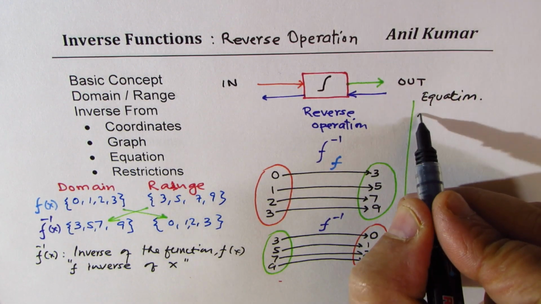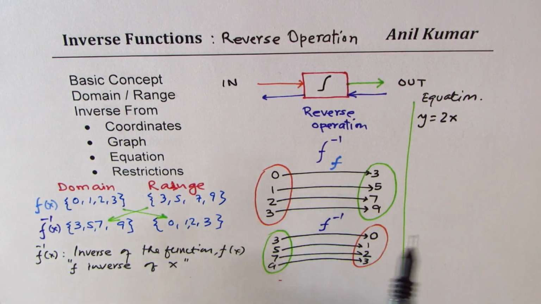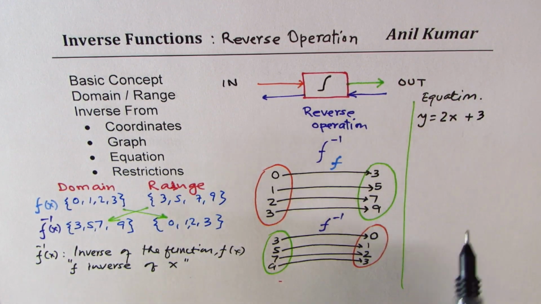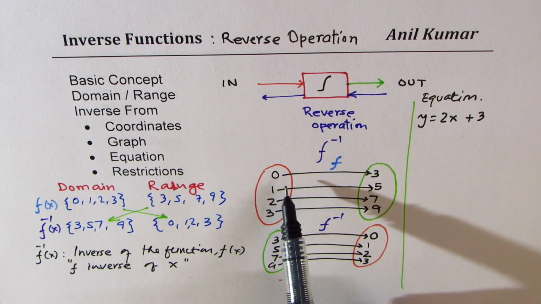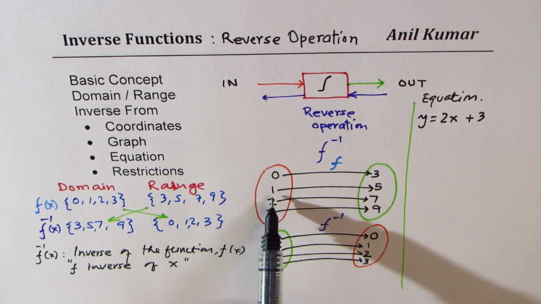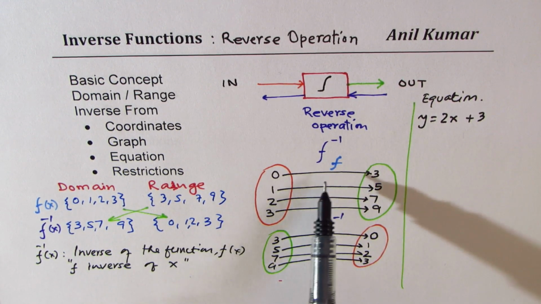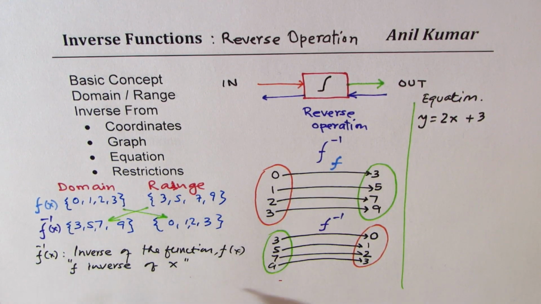So we could say y equals 2 times x plus 3. If I substitute 0 for x, I get 2 times 0 plus 3, which is 3. 2 times 1 is 2, 2 plus 3 is 5. So I get this as an equation of my function f.